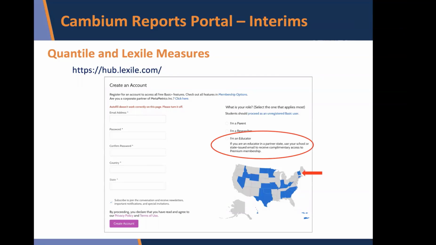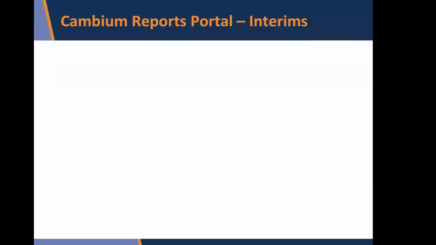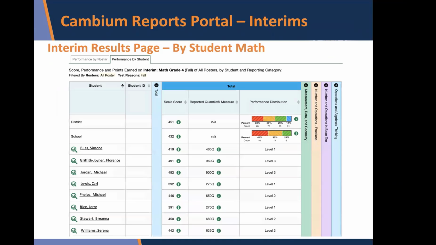And then if you choose you're an educator and you choose the state of New Hampshire, it will automatically give you premium membership. And this is the information that you'll have access to. I'm going to show you how to use this in a little bit more detail in just a couple of minutes, but I just wanted to point you in the direction of that, and I'll circle back around as we talk about this for a specific student.